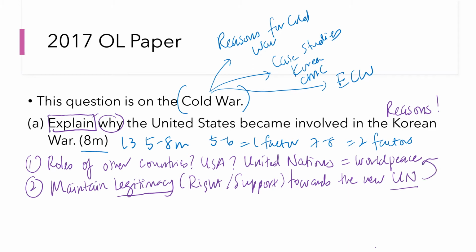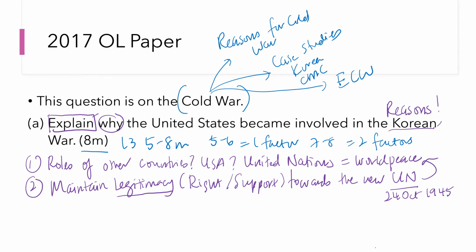Because if United Nation specifically meant that it could create peace, then definitely they needed to ensure that whatever the actions would actually be supported.